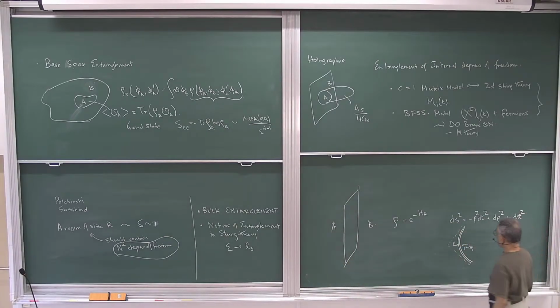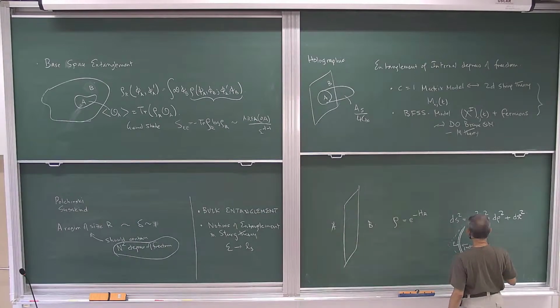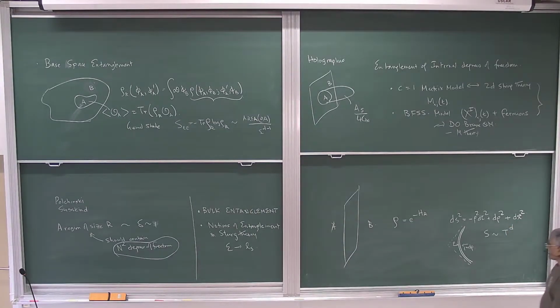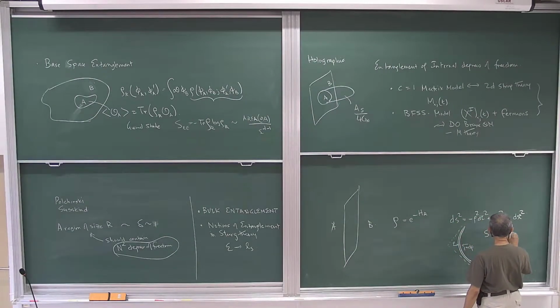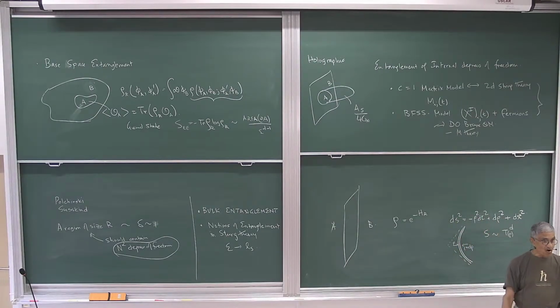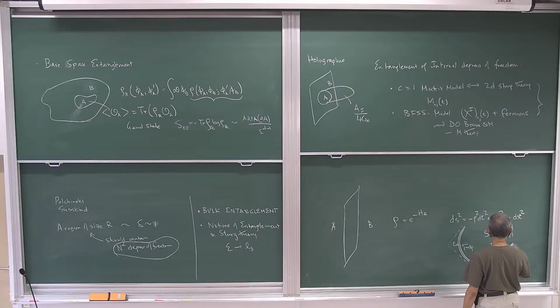Okay. So let's take a massless scalar field. For a massless scalar field, the entropy goes as the temperature raised to the power of the number of dimensions. But what you should really use here is not the Rindler temperature, which is the temperature at infinity, but the local temperature, which appears because of the redshift. And this local temperature is just 1 upon 2 pi rho.